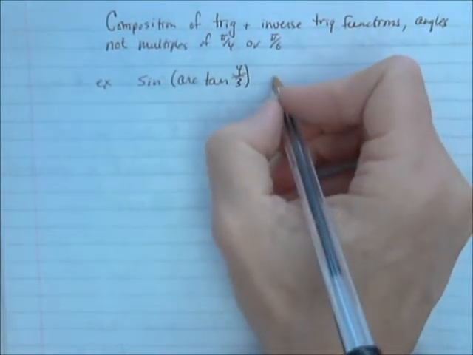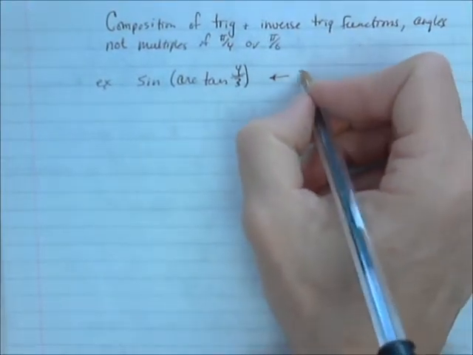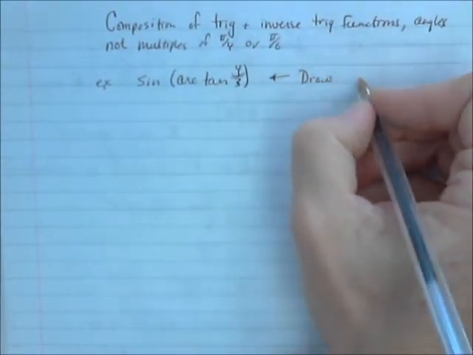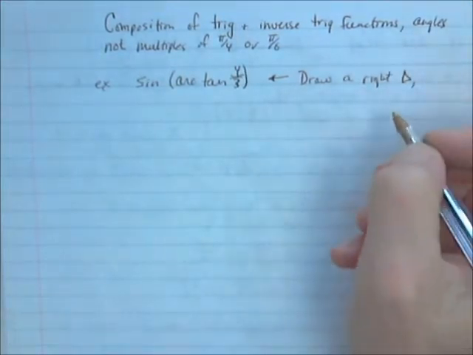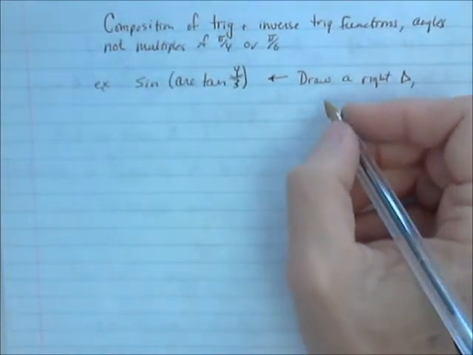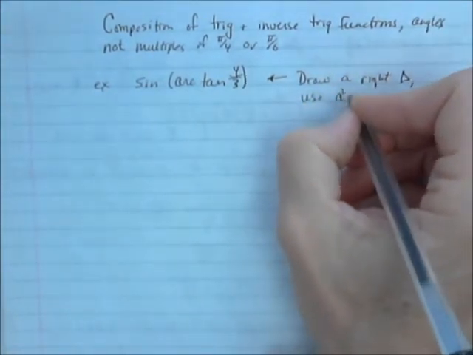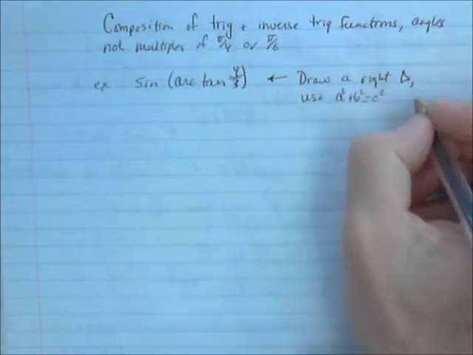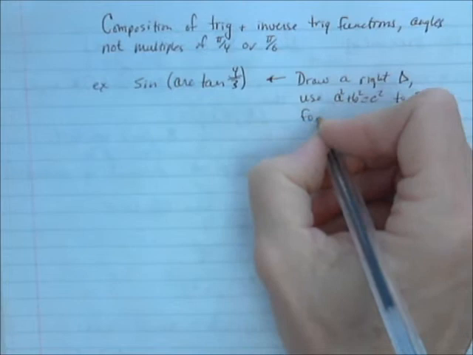And so what we can do is, and you did this in Algebra 2 last year, we're going to draw a right triangle. And we're going to fill in the missing side with the Pythagorean theorem. I'll just say use a squared plus b squared equals c squared to solve for the missing side.